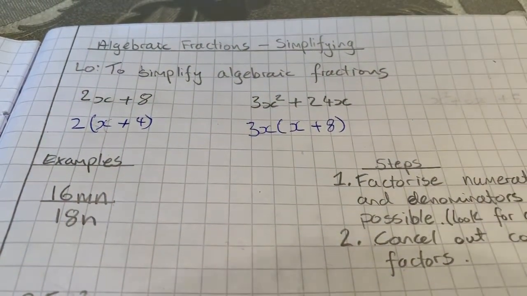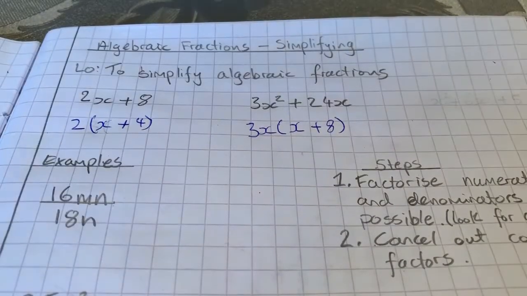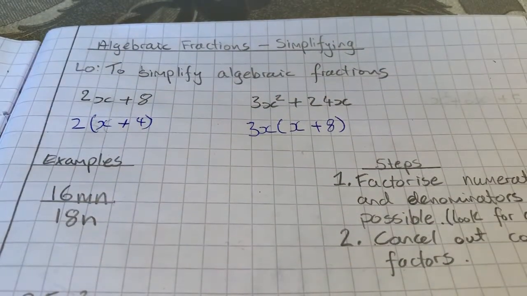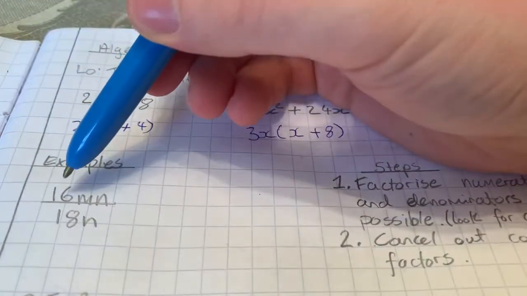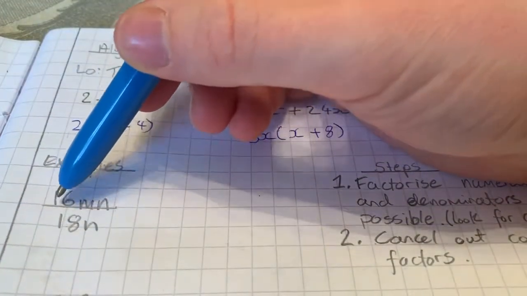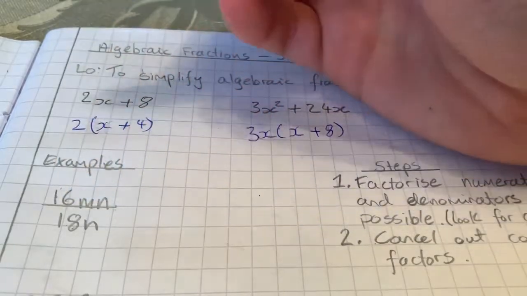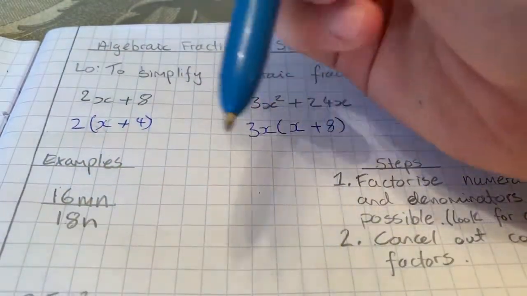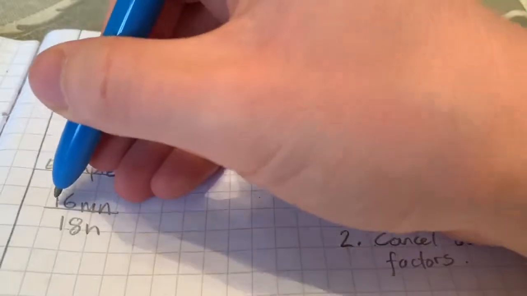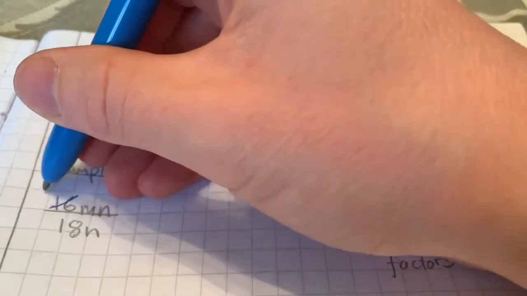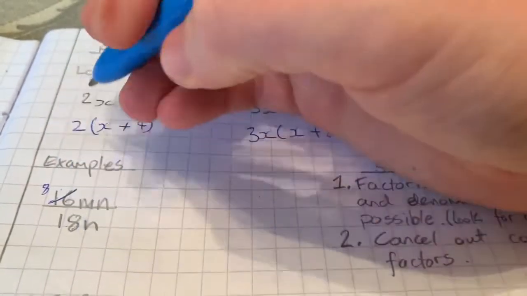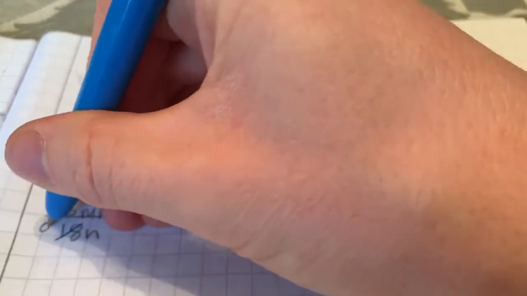So I've got 16mn divided by 18n. Now, if we look at the numbers first, keep the focus there. What goes into both of those, quite nice, it is 2, that is the highest common factor with numbers, so we divide 16 by 2, that gives us 8. We could do the same with 18, divide that by 2 to get 9.